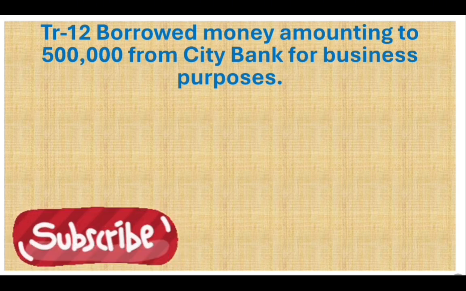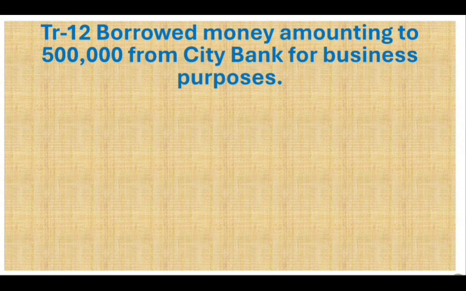Z company borrowed money amounting to 500,000 from Citibank for business purposes. Since the company borrowed money, there might be account payable in the future, or we can also say bank loan.